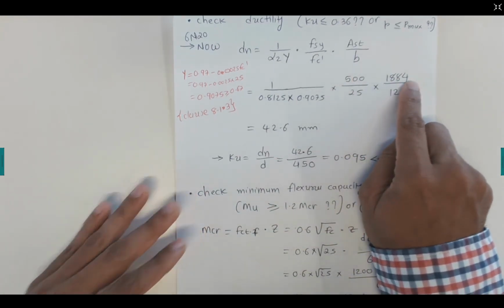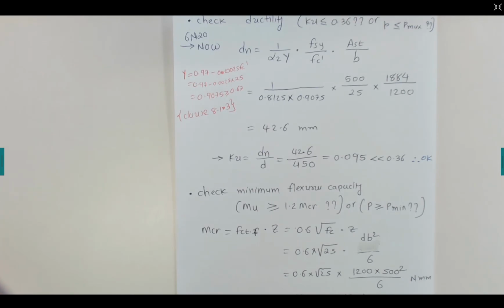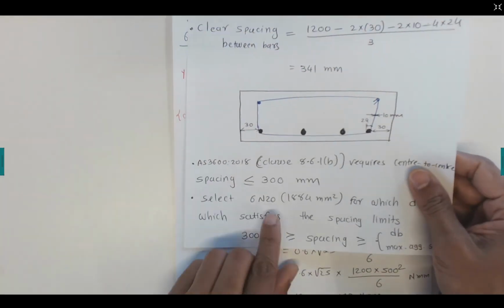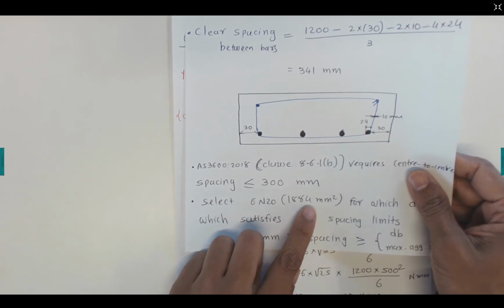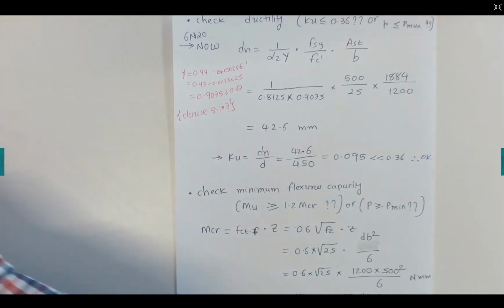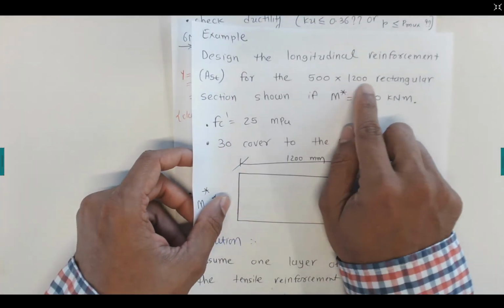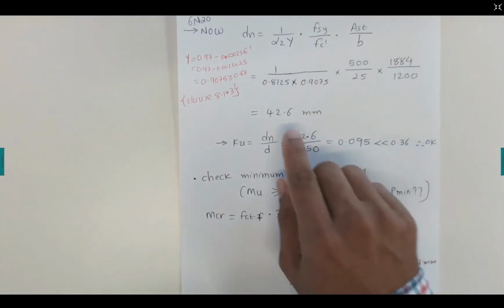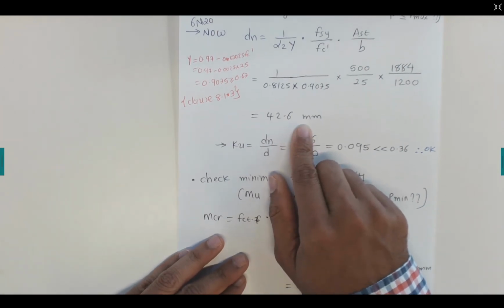Ast is 1884 millimeters square, since we adopted 6 N20 bars. B is 1200 millimeters, so it gives us 42.6 millimeters for dn.